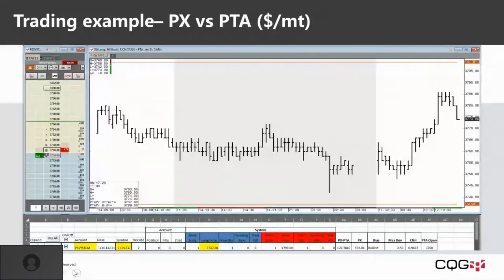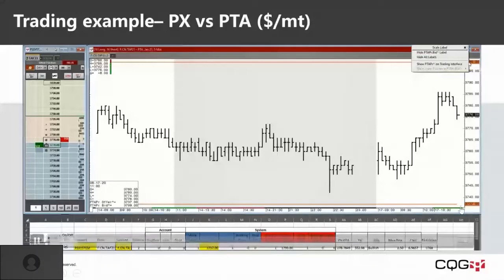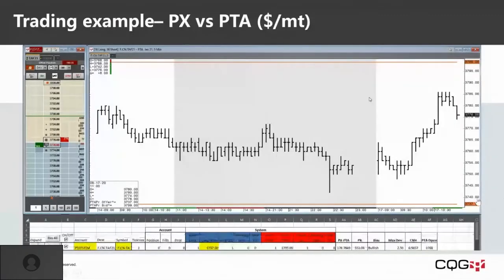I'm deriving the buy and sell prices of this particular spread using Excel, and Excel is feeding the price to CQG. I'm entering my buy and sell levels into Excel. Excel then displays those levels on my chart.